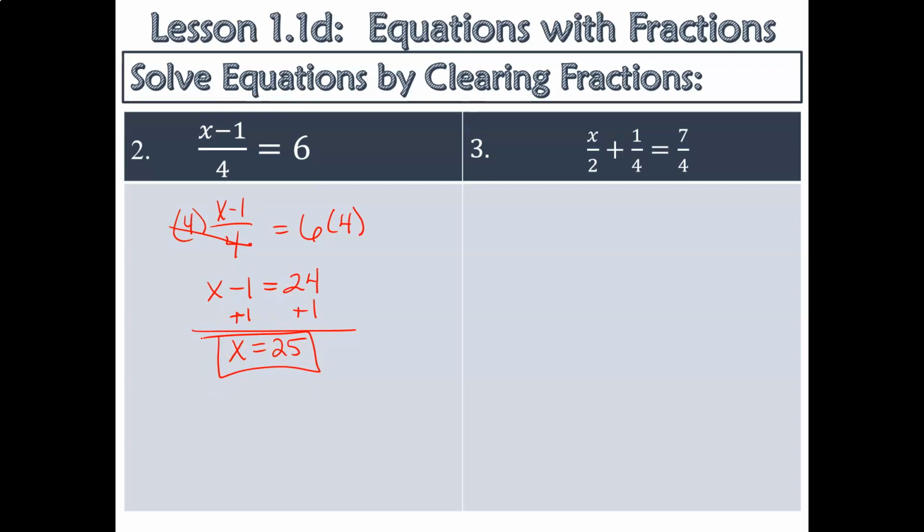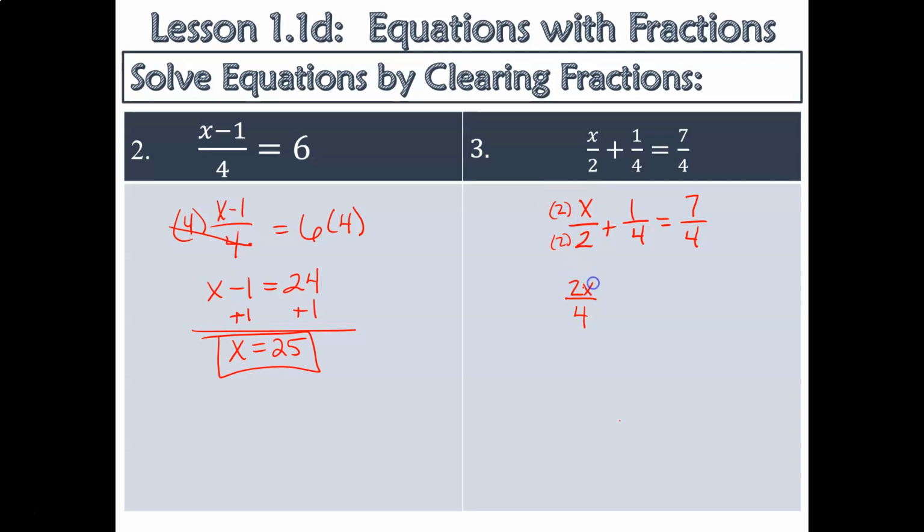Okay, so let's try to get rid of the fractions here. Before we eliminate any fractions, we have to make sure you have the same denominator. So we have these fourths. I'm going to make this x over 2 into fourths. So how'd you get from 2 to 4? You multiplied by 2. What you do to the denominator, you need to do to the numerator.